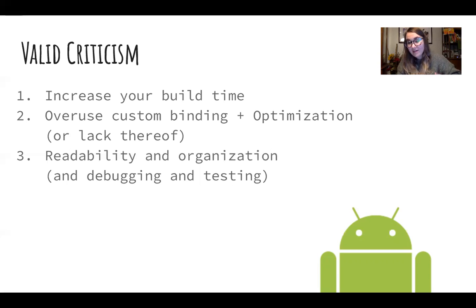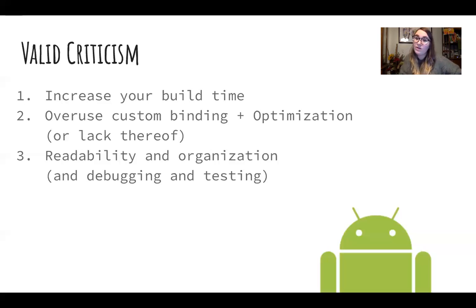For example, if you have something that you want to format as a string, it makes more sense to do that formatting before you pass the string into your view binding than trying to write a custom view binding that formats your string and then sets the string. And so that should always be your question: can I use something that already exists, or does it make more sense to write my own?